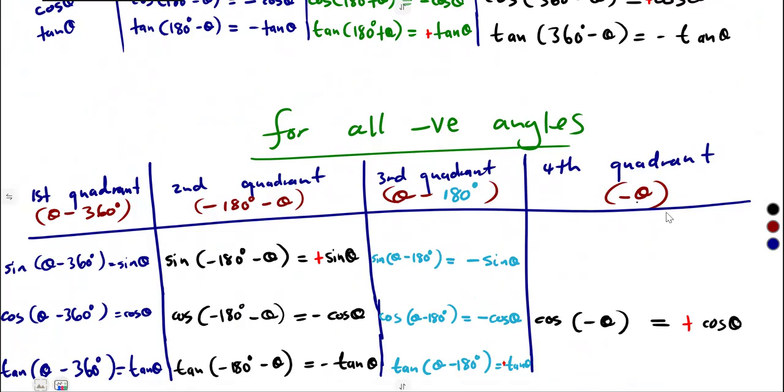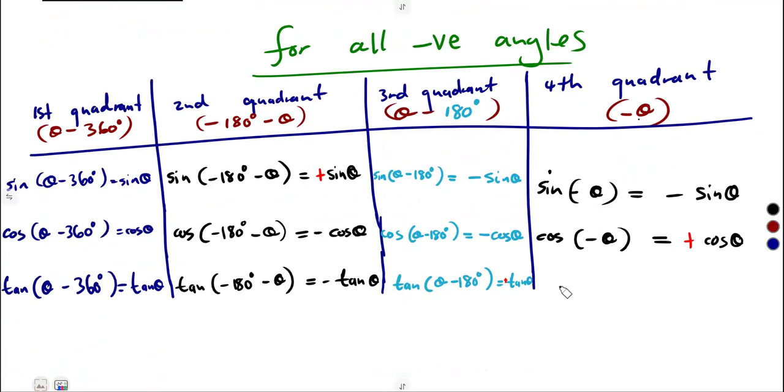It is only cos being positive. The rest: the sine of minus theta will be negative. The same with tan, the tan of minus theta will be negative.